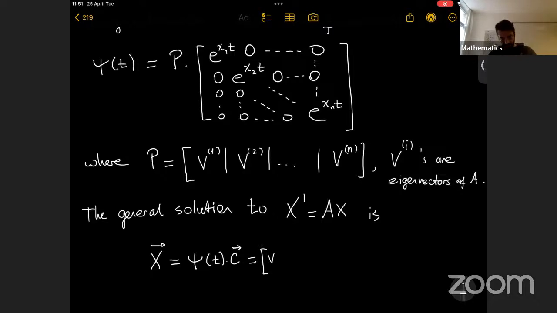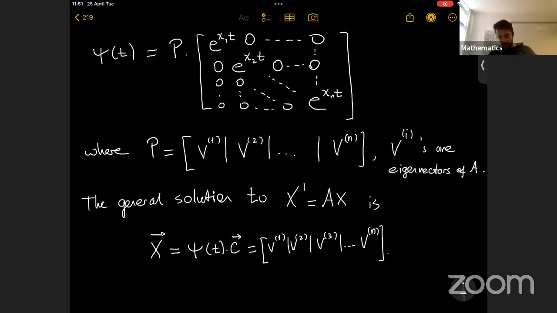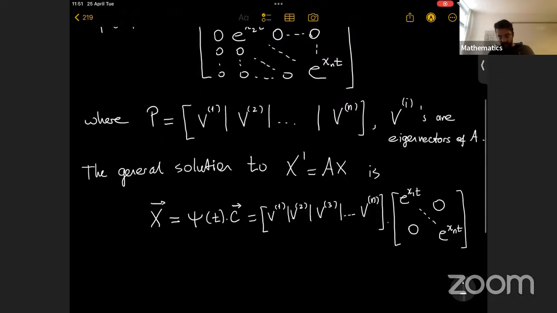It's v1, v2, v3, vn, times this is p, times e to the lambda 1 t, ..., e to the lambda n t, otherwise 0, times the vector c, the constant vector c.